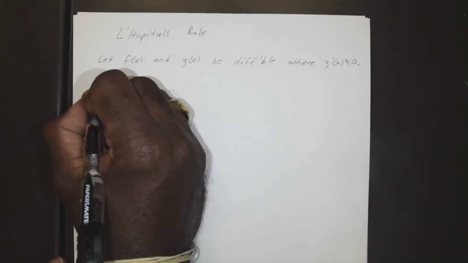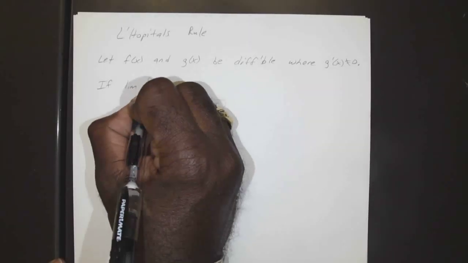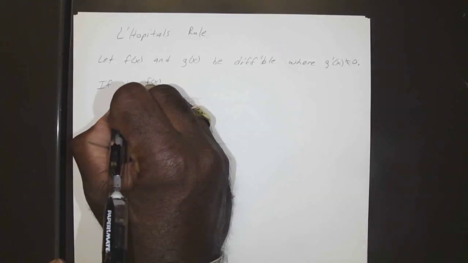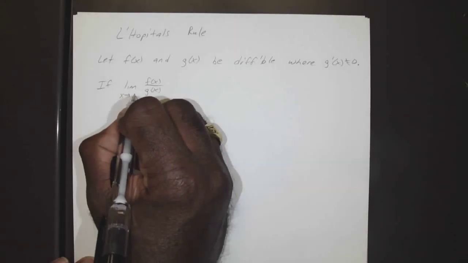Okay, so let's say the limit of f of x over g of x, just g of x, not both, as x approaches some number c.